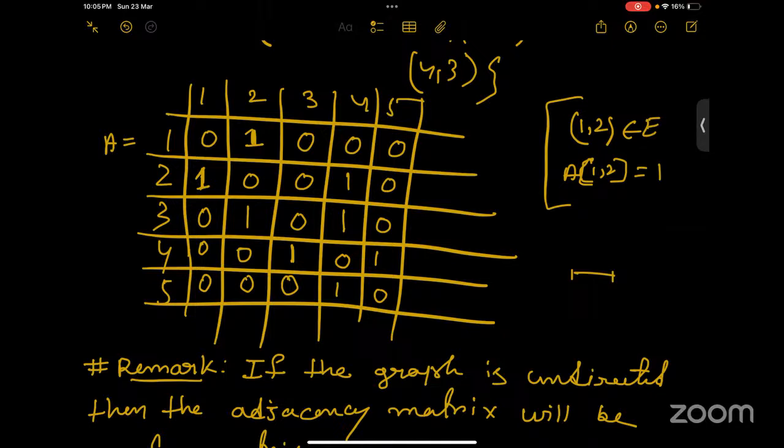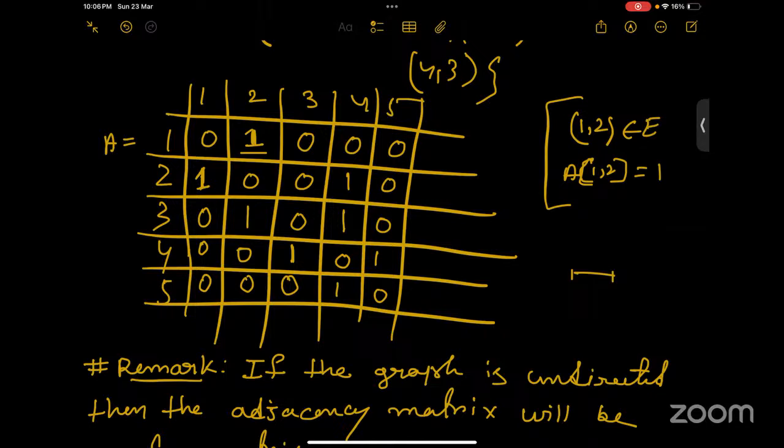You can check the adjacency matrix to solve this. If you want to go from 1 to 5, we check the row of 1. In the row of 1, we only have one non-zero entry, which is 2. That means we only have one edge, from 1 to 2, right?